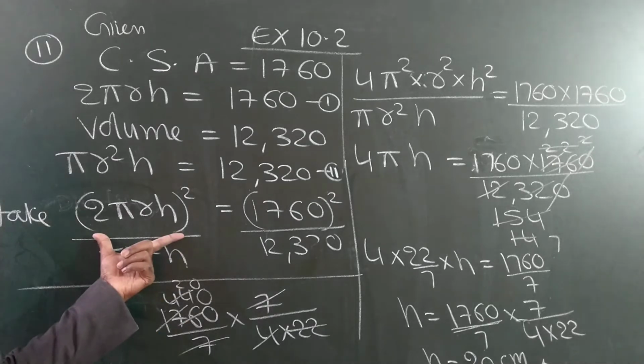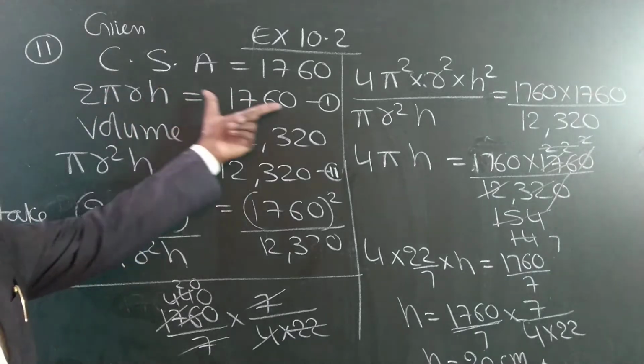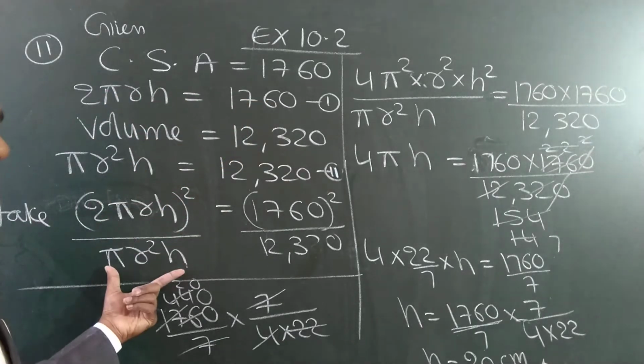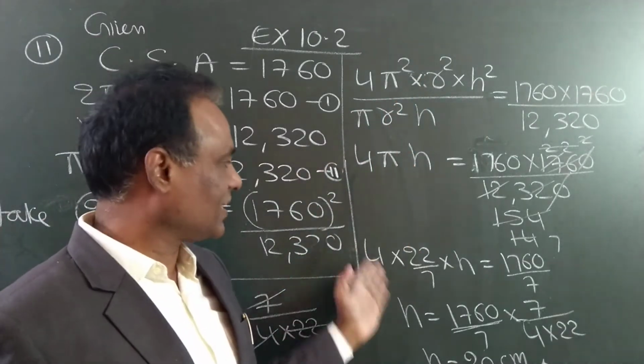This concept, if you remember, it becomes easy, otherwise it will be lengthy. So if you square this and then divide with this, directly r cancels, only h is there, only one variable, so we will get it.